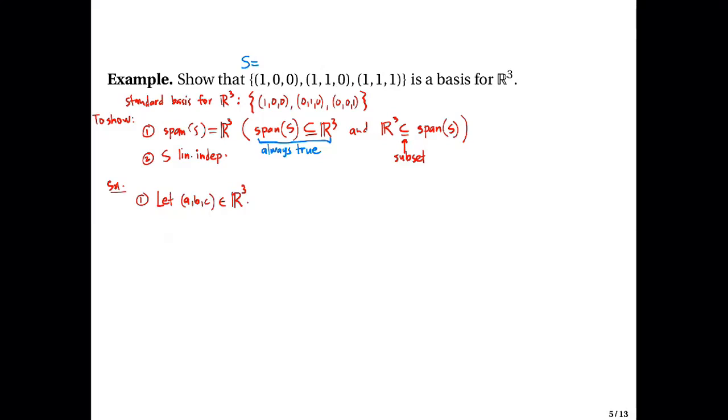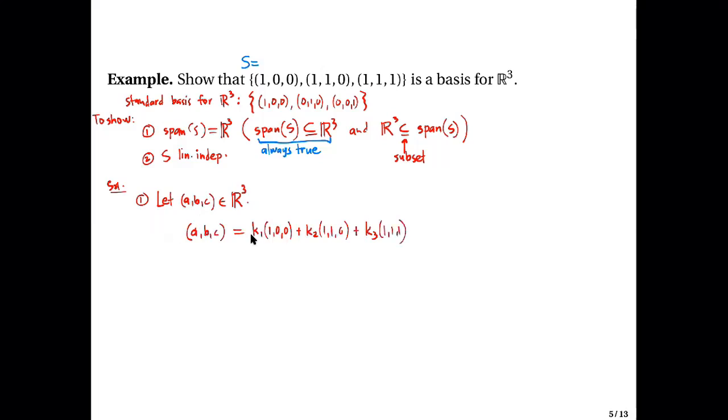So how do we do that? Here, (a, b, c), we need to find k1 (1, 0, 0) plus k2 (1, 1, 0) plus k3 (1, 1, 1).